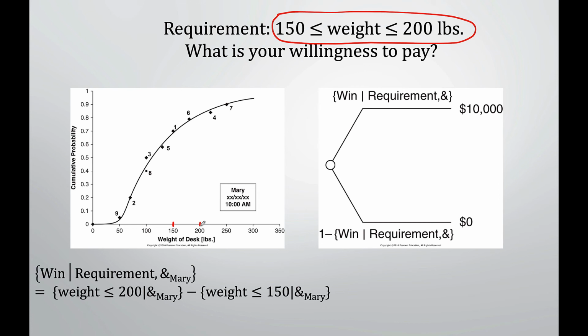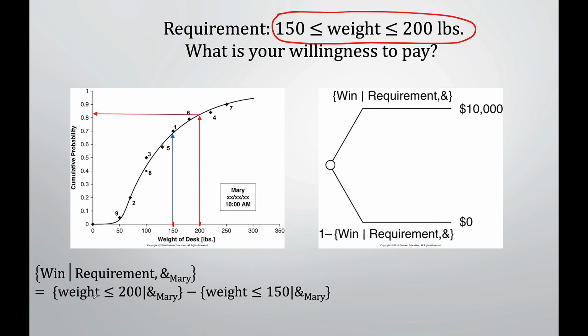Okay, so what we need to do is to find this probability first and then this probability second. The difference between these two probabilities is exactly the probability that the weight is above 150 pounds but below 200 pounds. Okay, so let's find this probability first.